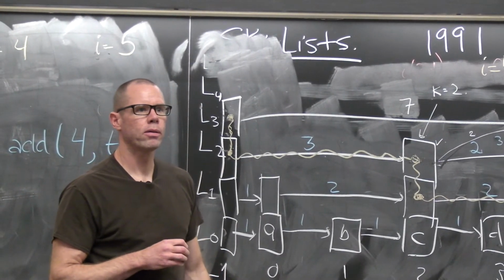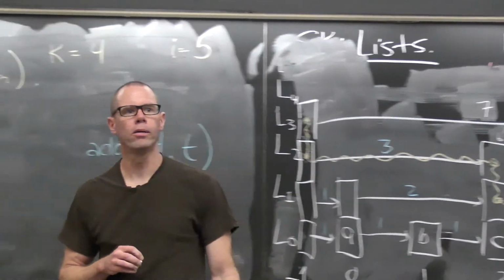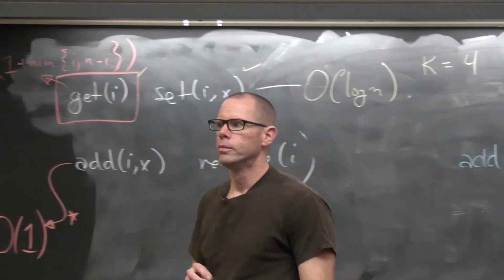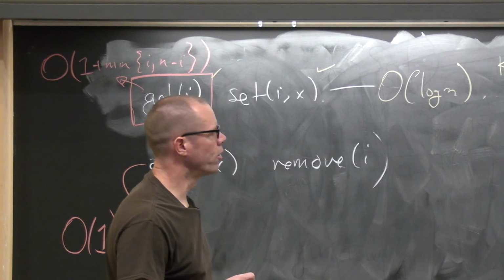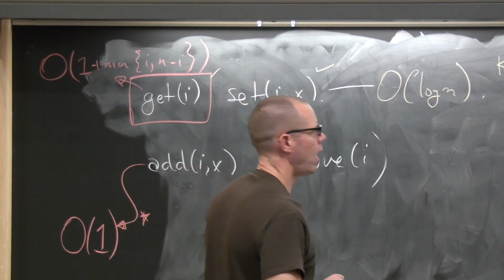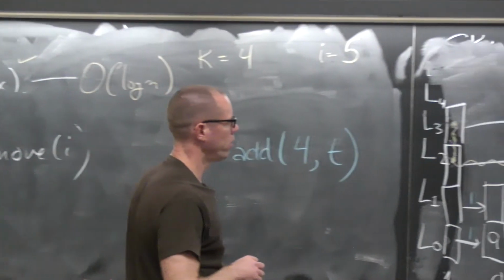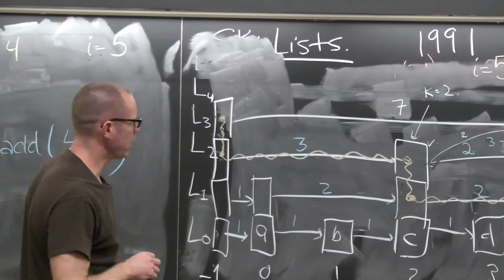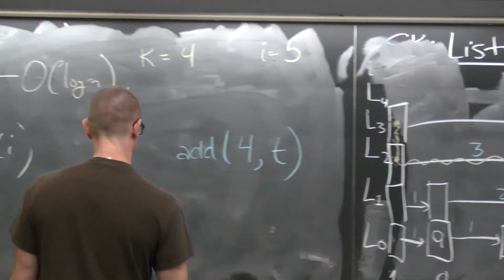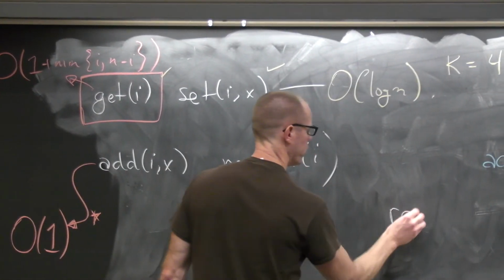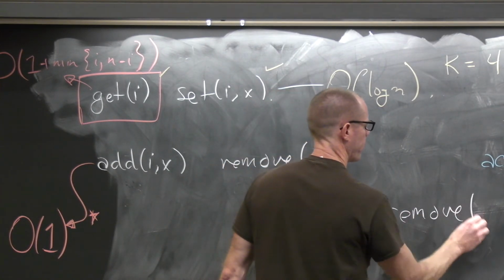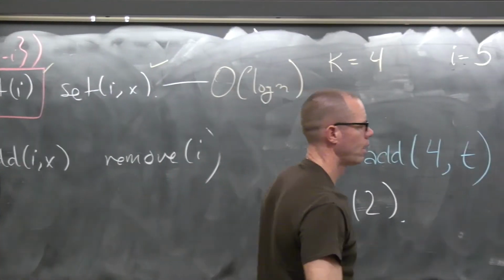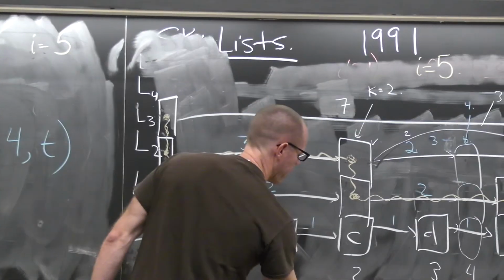Any questions? It's all clear? And so then the only thing left to do is to implement remove. So let's, for example, remove 2. That means we want to remove this thing.